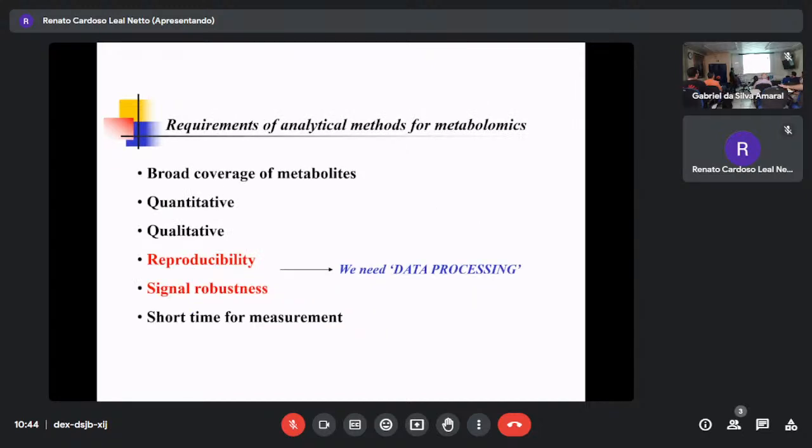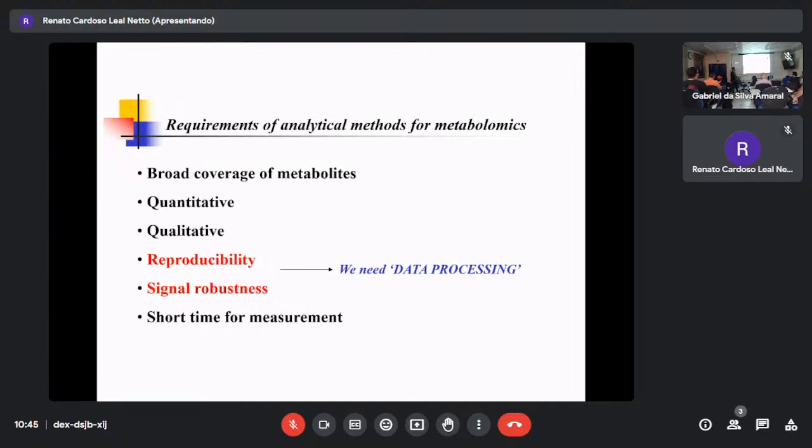The requirement of analytical techniques in metabolic profiling, the first one, is broad coverage of metabolites. You understand this one? Because I'm targeting all, which means non-targeted, any kind of metabolite should be detected in my single run.